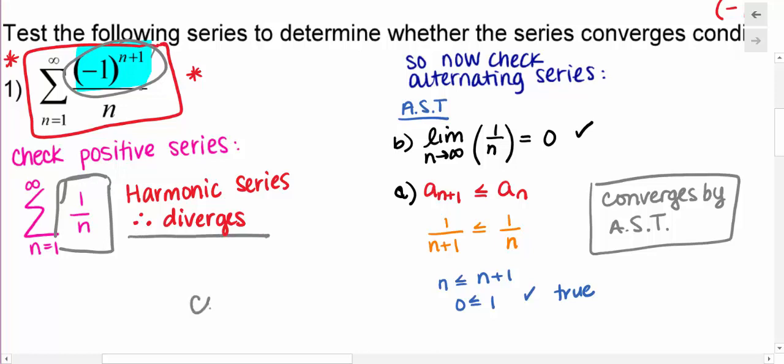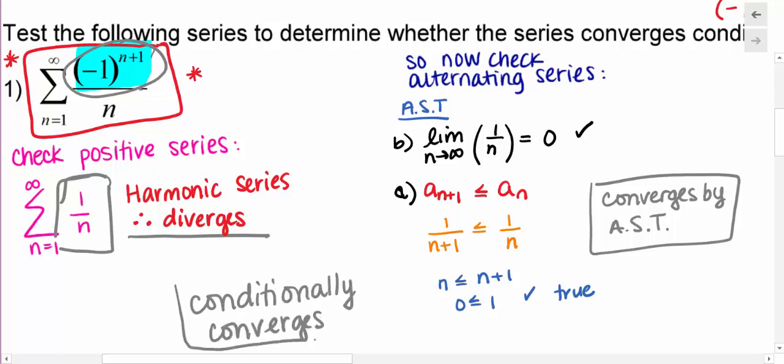So what I would say is it conditionally converges. Because again, I needed that alternating condition in order for this series to converge. It just gives us an additional piece of information about that series. So I know just by saying that it conditionally converges, I know that the positive series would diverge and that the alternating series would converge.